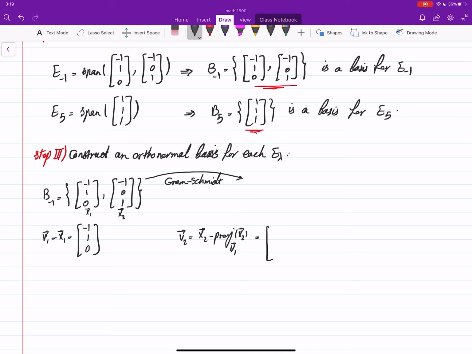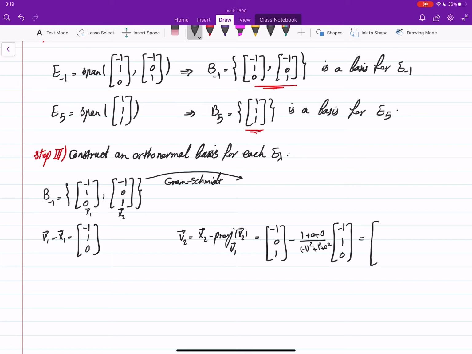So you get (-1, 0, 1) minus the projection on v1, and there's a scalar multiple that is x2 dot v1, which gives 1 plus 0 plus 0, and in the denominator you have (-1) squared plus 1 squared plus 0 squared.